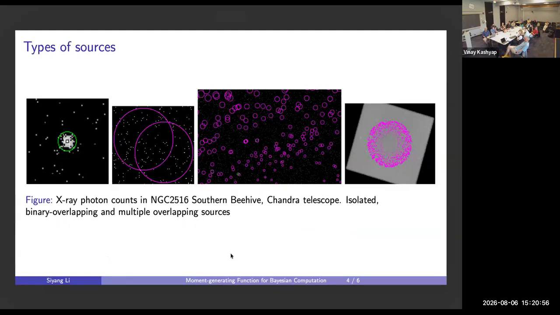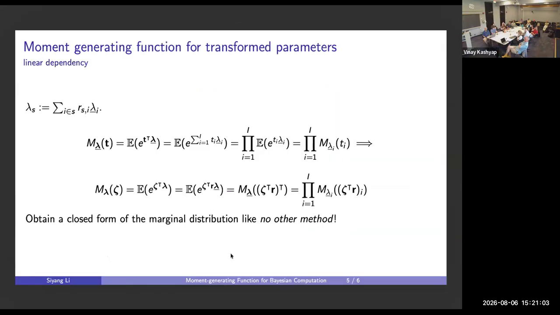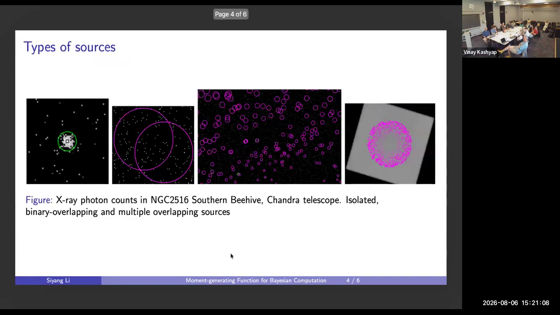With the MGF trick, this overlapping can be written down as a linear transformation in the parameter space. Here our original inference was for the source intensities of the X-ray sources, but what we observe are the segment counts, the counts in each of the 3 segments here.